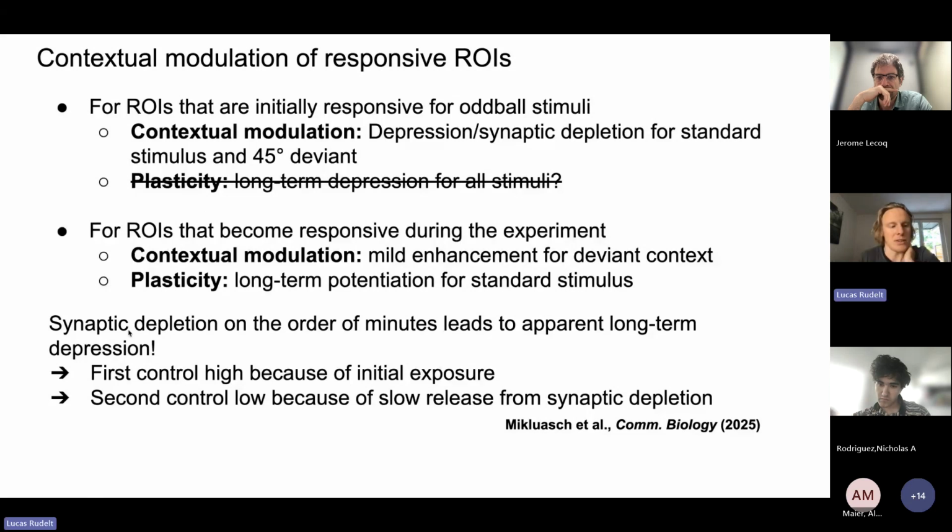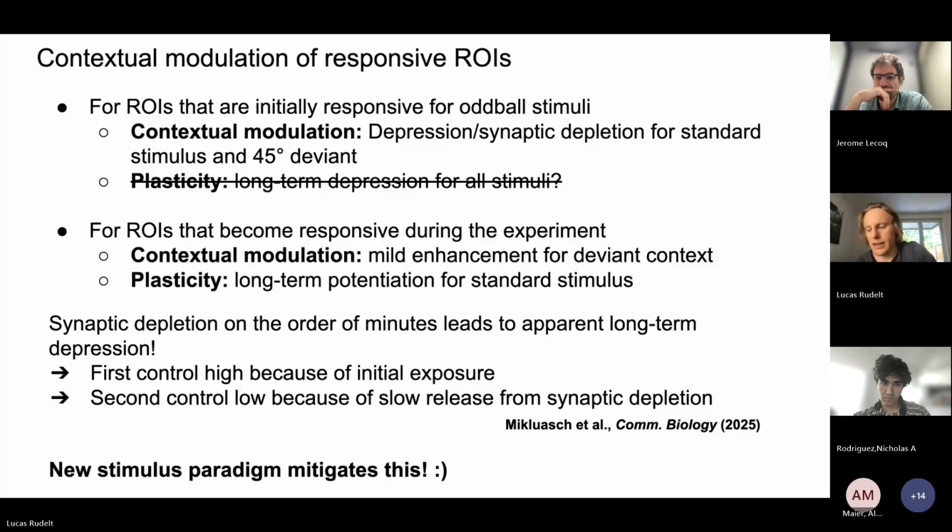And I think that fits nicely with the results that Sarah was showing in a previous meeting, where she found essentially an attenuation of all the orientations, which is in line with synaptic depletion because it affects the overall responsiveness of that synapse. And the cool thing is that with the new stimulus paradigm, we have ways to mitigate this because we add more control trials, which we can later throw out if they turn out to be transient.